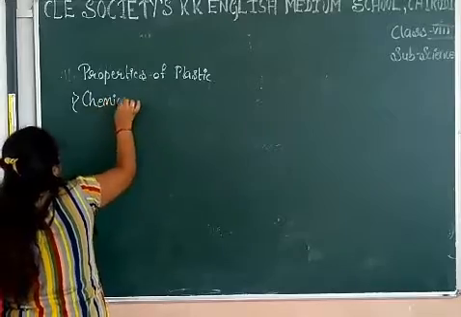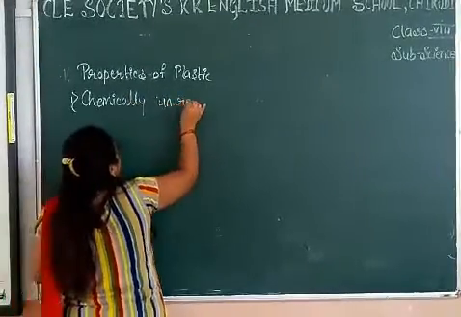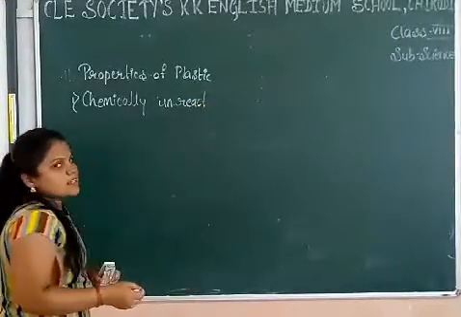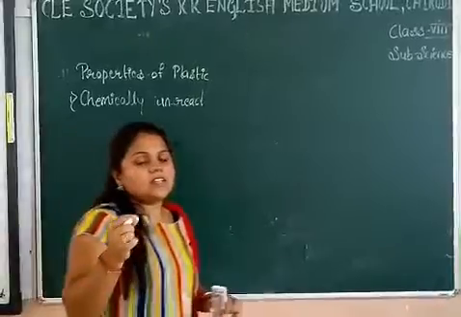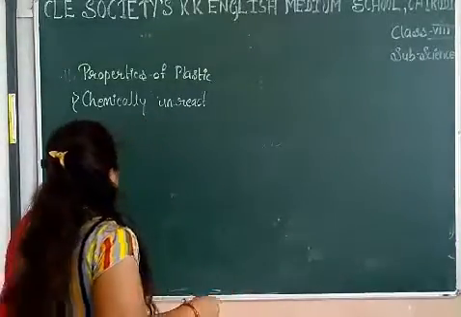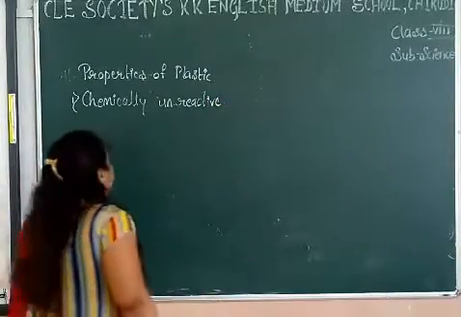That's why we are using it in our day-to-day life. If it reacted with any substance, sometimes it could be harmful for us. So that's why it is chemically unreactive, and that's why we can use it.